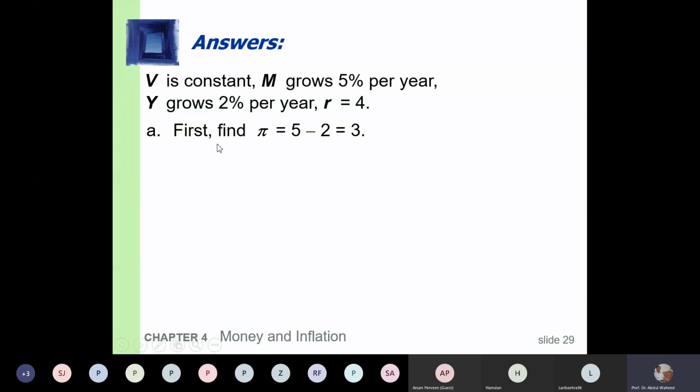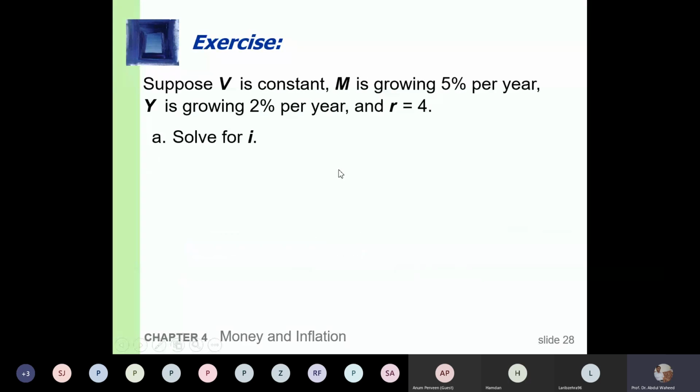When we have this data, first we will find the inflation rate, which is money supply growth rate minus real output growth rate, because we are using this equation.